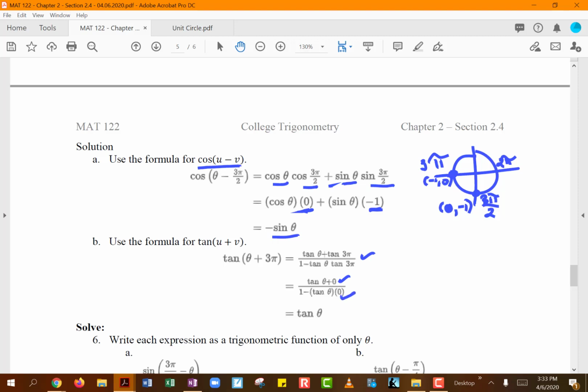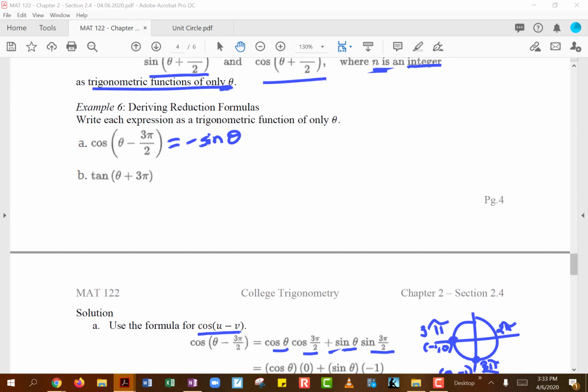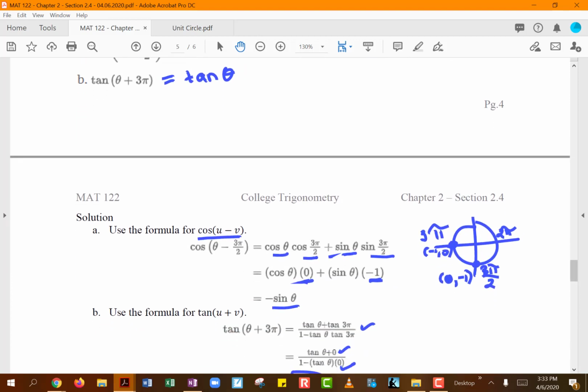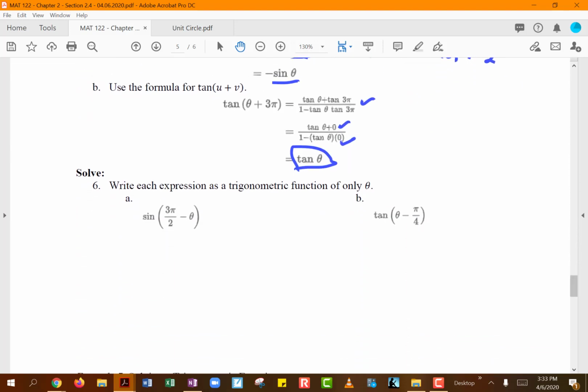Tangent of 3 pi is going to be 0. And when you clean this up, you end up getting just tangent of theta, right? So this guy is the same thing as tangent of theta.